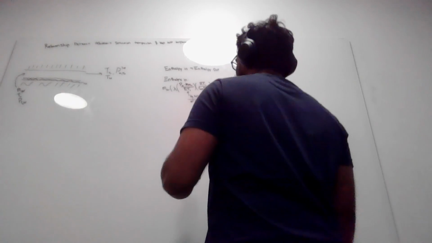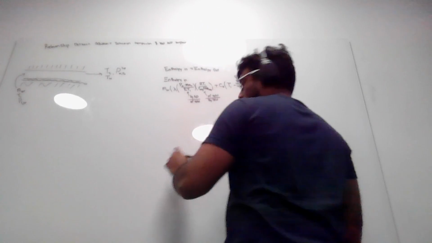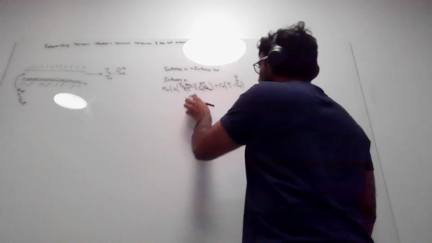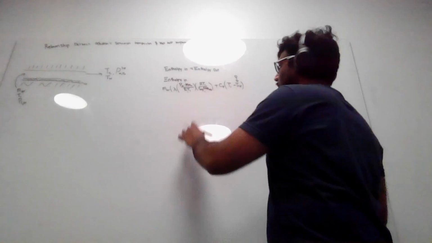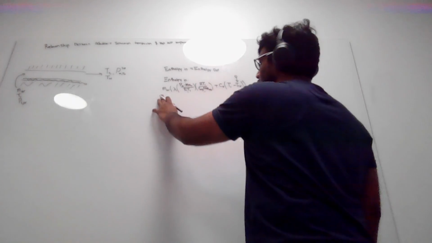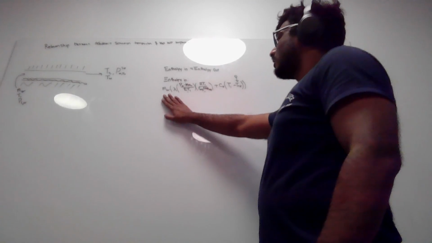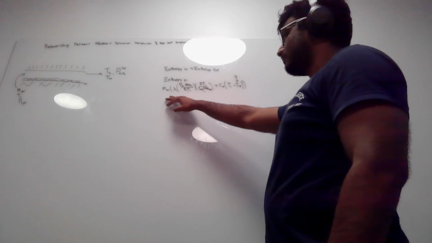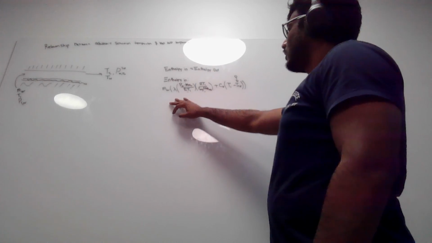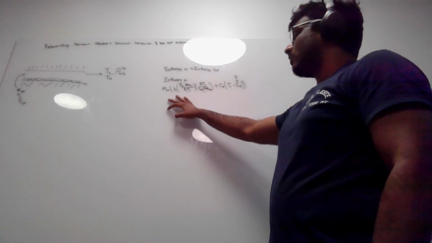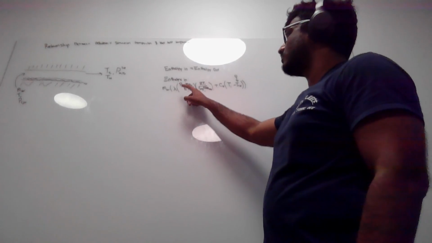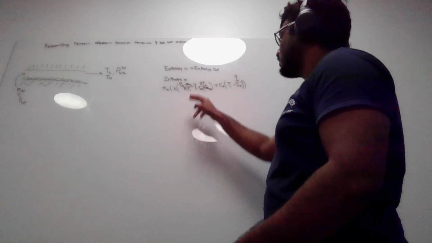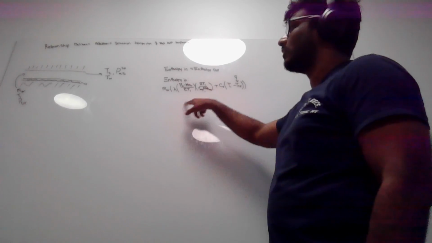So then our enthalpy in equation, if we were to go ahead and erase everything so it doesn't look too cluttered, is going to be this right here. So we're going to be multiplying the mass flow rate of air by lambda, which is the heat of vaporization, times the partial pressure of water times the molecular weight of the water, divided by R, which is the gas constant, times the inlet temperature.